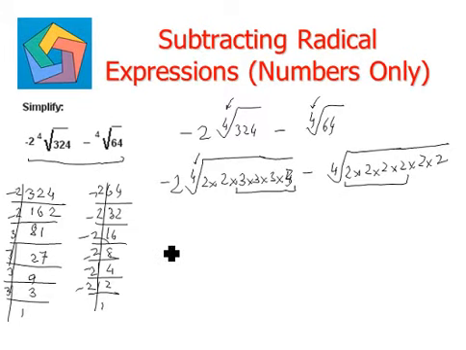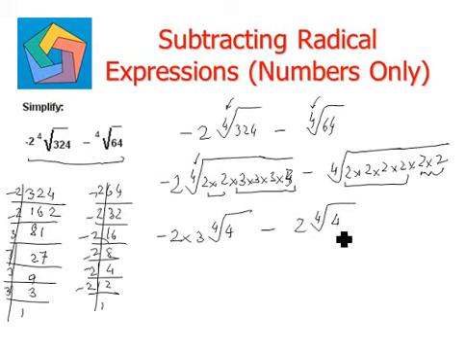Now 4 threes come out as a single 3 outside the radical, and inside the radical we are left with 4. 2 times 2 is 4. Minus, 1 two will come outside the fourth root, and we are left with 2 times 2, which equals 4. Negative 2 times 3 is negative 6, fourth root of 4, minus 2 fourth root of 4.